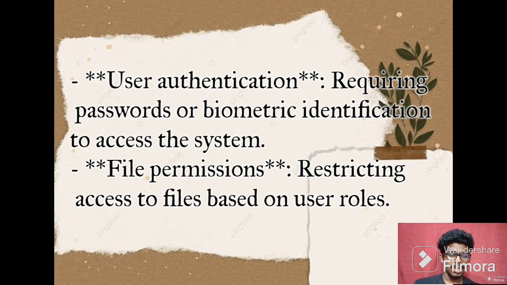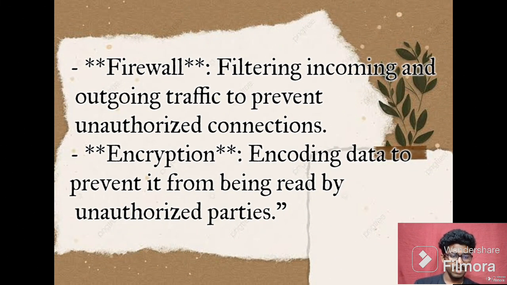File permission, restricting access to files based on user roles. Firewall, filtering incoming and outgoing traffic to prevent unauthorized connections. Encryption, encoding data to prevent it from being read by unauthorized parties.